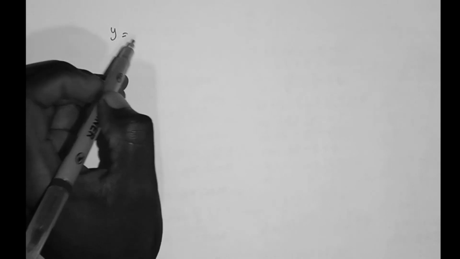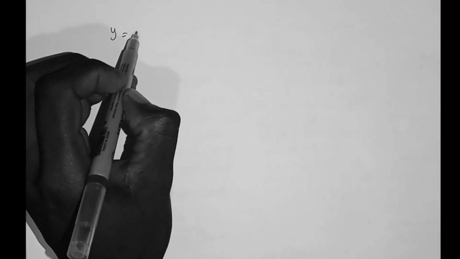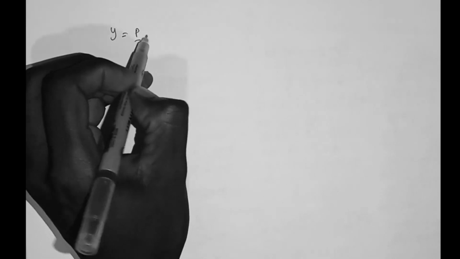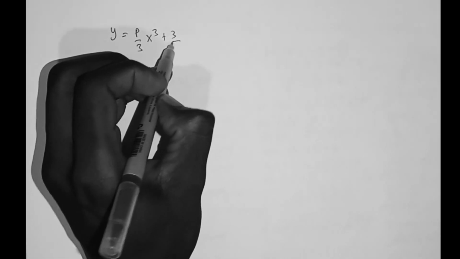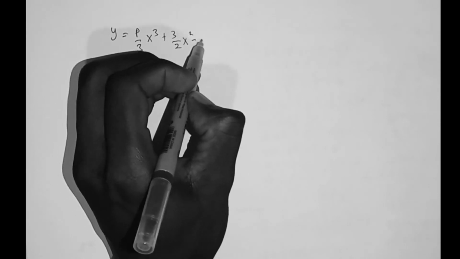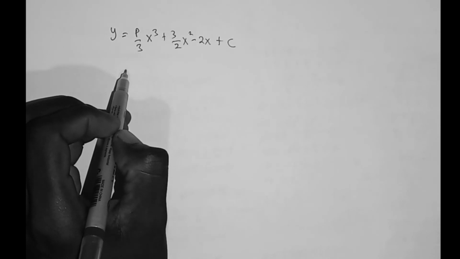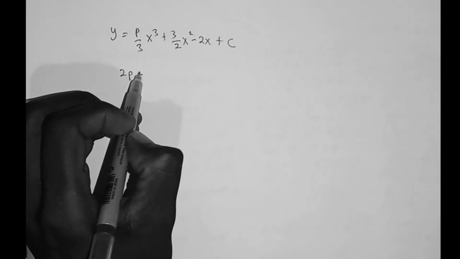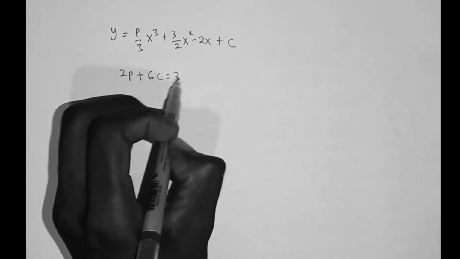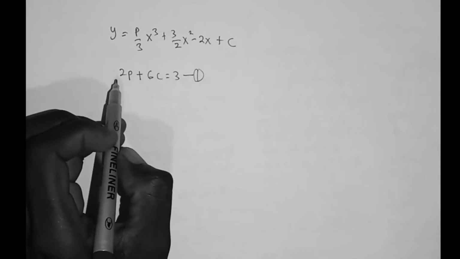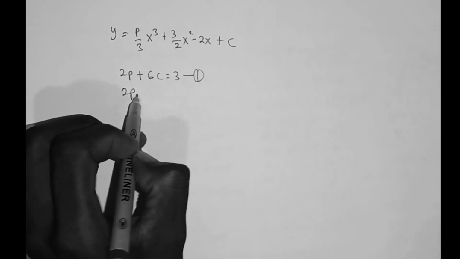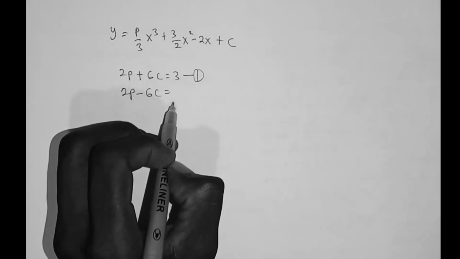Remember that our integral y we got as y equals p over 3 x exponent 3 plus 3 over 2 x exponent 2 minus 2x plus c. Then the equations we have: equation 1 was 2p plus 6c equals 3. Then equation 2 is 2p minus 6c equals 5.